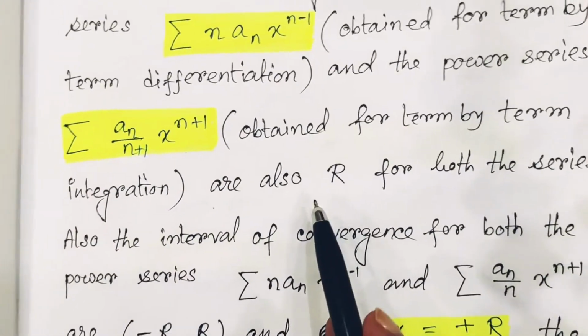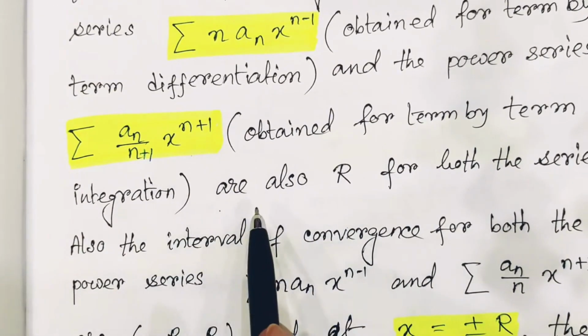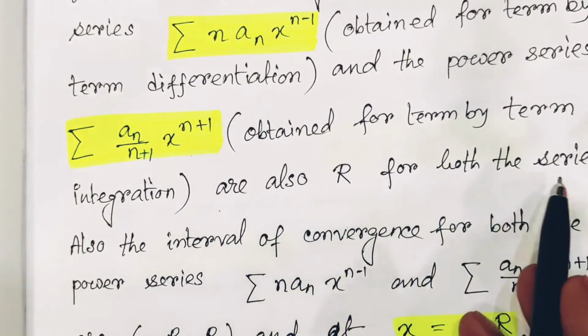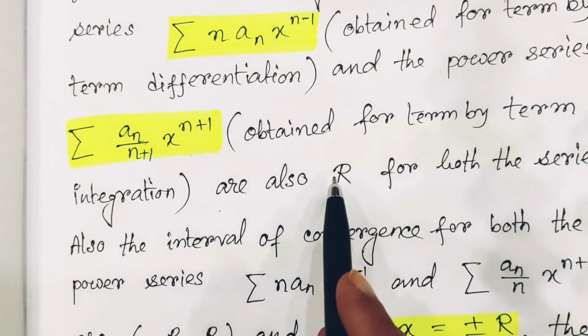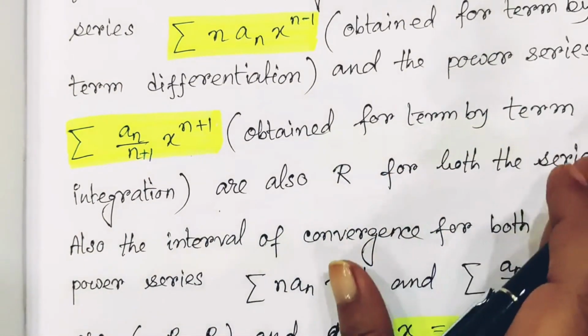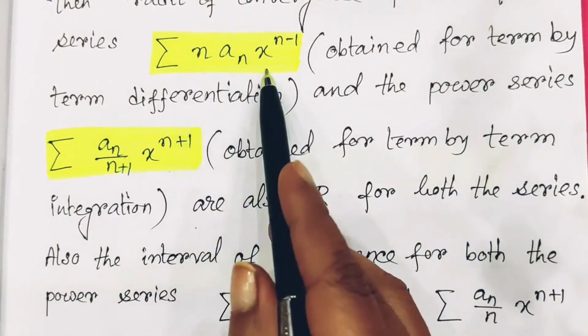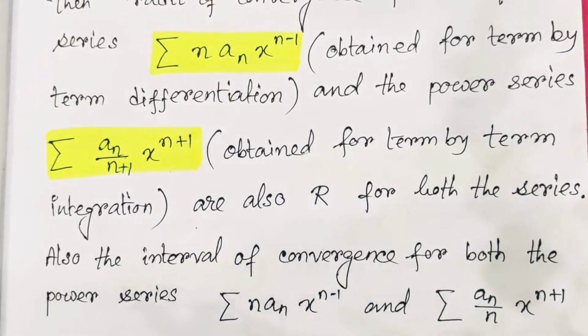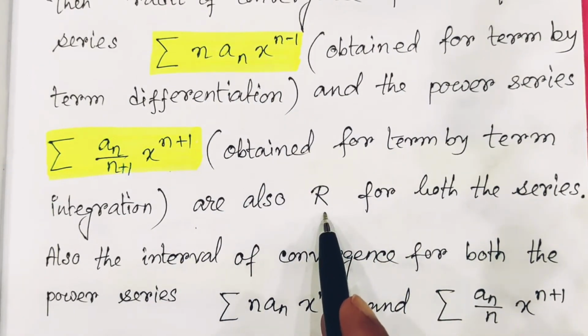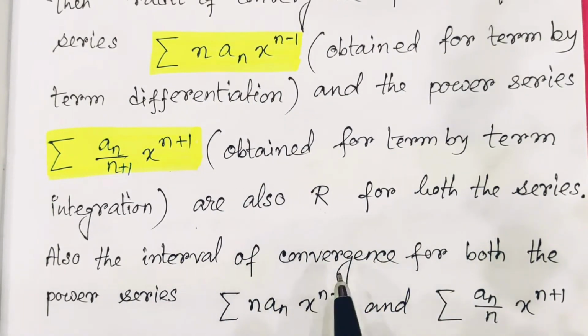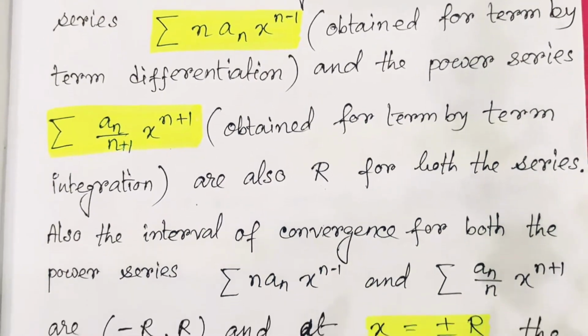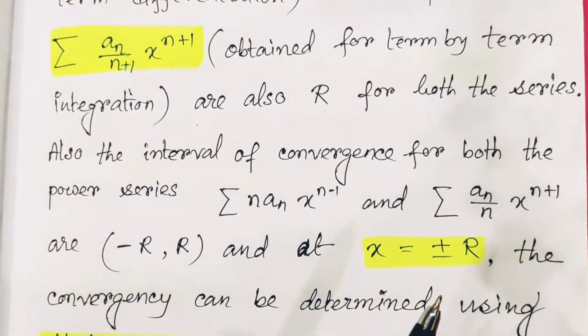After getting this, we can say that the radius of convergence R remains the same for both series. That means the given power series has radius of convergence R, and in this series and this one, the radius of convergence remains the same. Not only that, the interval of convergence is also the same in both series.